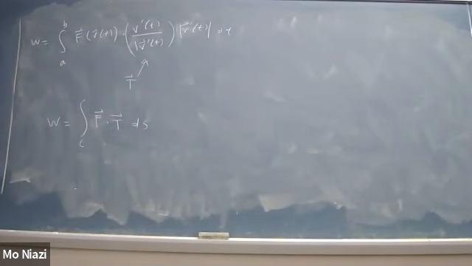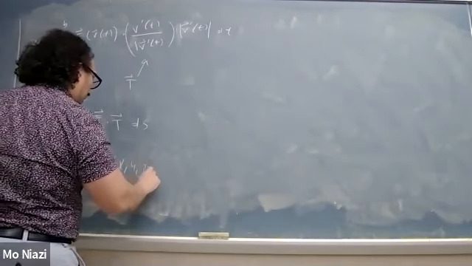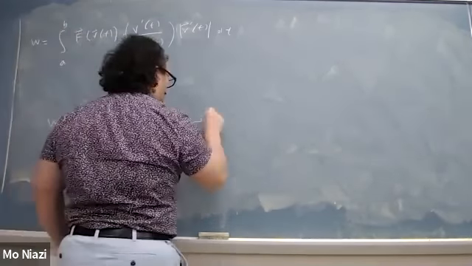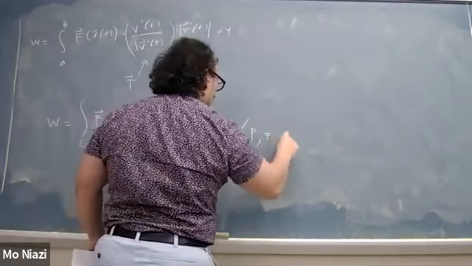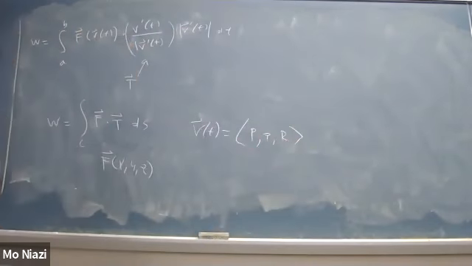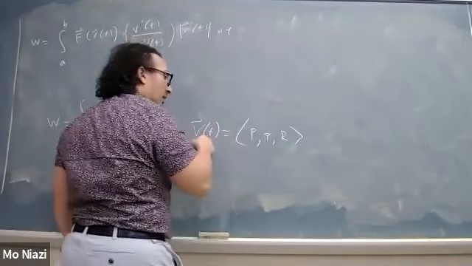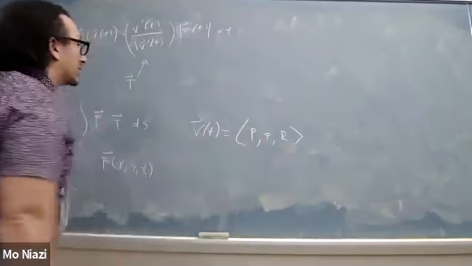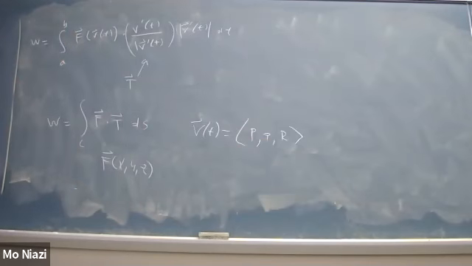But we're replacing F with F of r of t, because F is a function of x, y, and z. If we can define some r of t, where it's some P, Q, and R, where these are all corresponding functions of x, y, and z, we can pick all the x's, y's, and z's that correspond to a parameter t. Plug it in, and you just get an r of t. So we can succinctly represent this F as some F of r of t, changing it to the parameter.